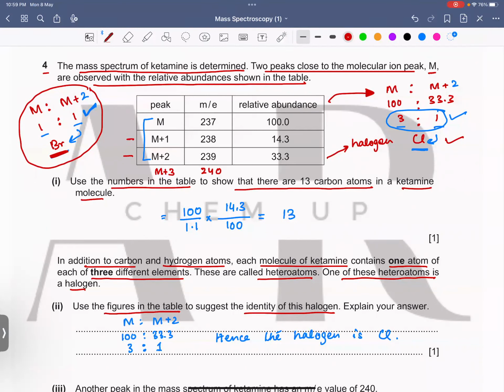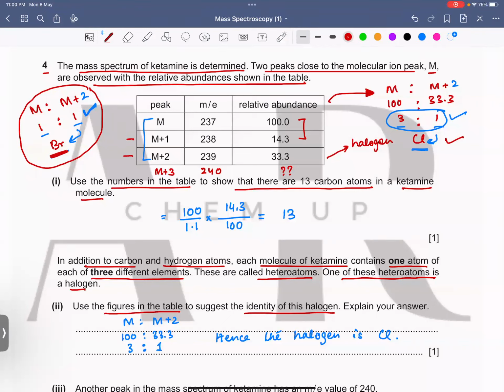So what would be its abundance? Can anybody figure it out? What is the ratio between m and m+1?